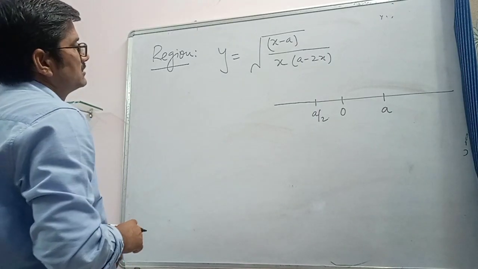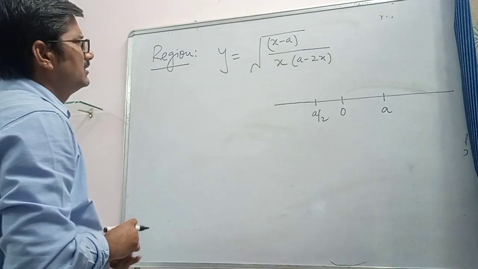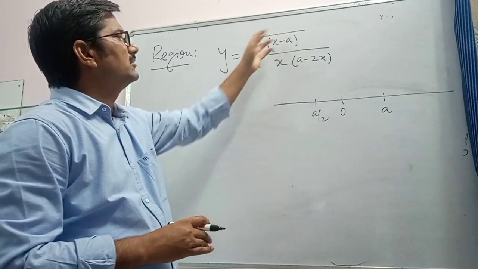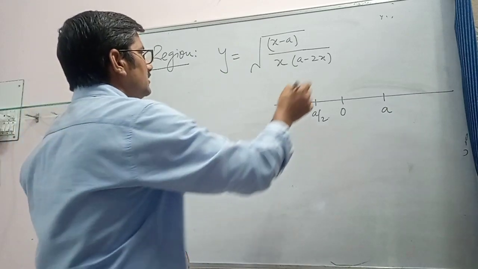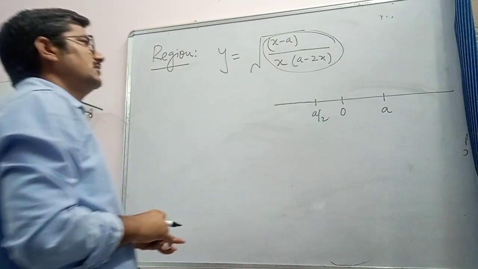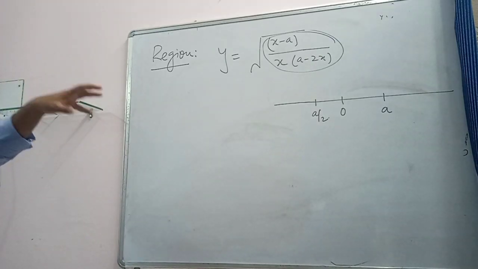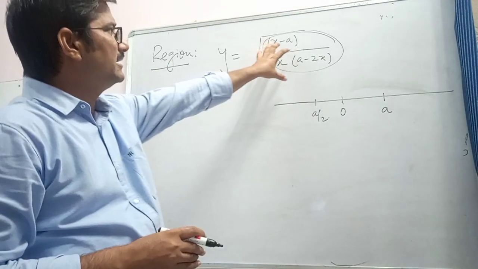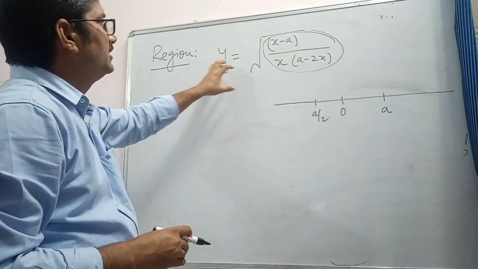So suppose we have a particular example and the value of y which we obtain is the square root of this expression. If this value in the square root is negative, then at those places y will be imaginary.